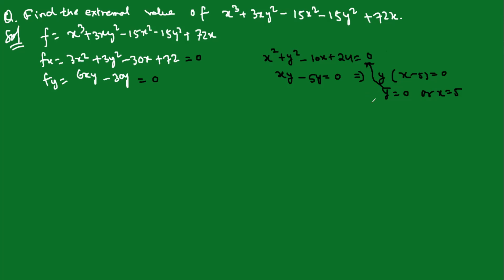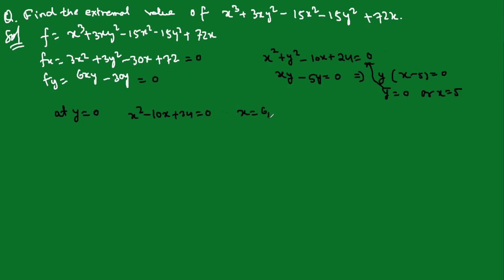Here you write at y equal to 0, x square minus 10x plus 24 equals 0. 36 minus 30, yes, one root is 6, right?